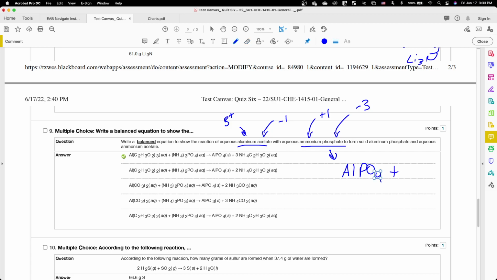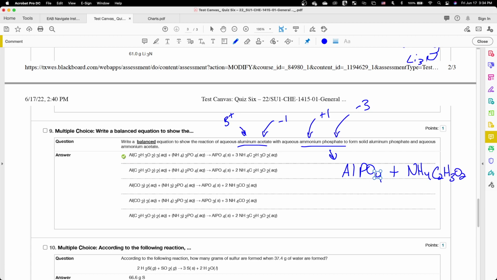Phosphate plus ammonium acetate, which is NH4 and C2H3O2. I always forget the formula for acetate. Oh, it's over here. Oh, it's actually right there. There's C2H3O2. Right? So that's pretty easy.